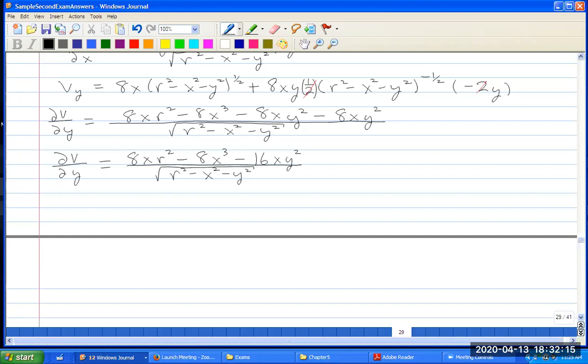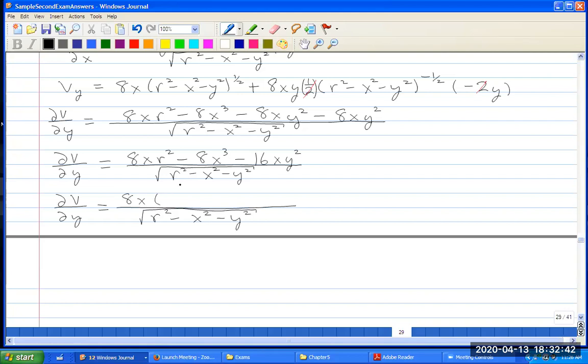So let's factor the numerator, make this look a little bit easier. Again, I'm dividing by the square root of r squared minus x squared minus y squared. Let's factor out 8x.